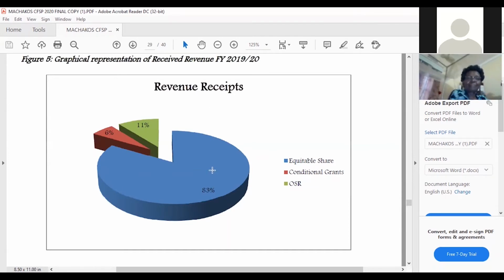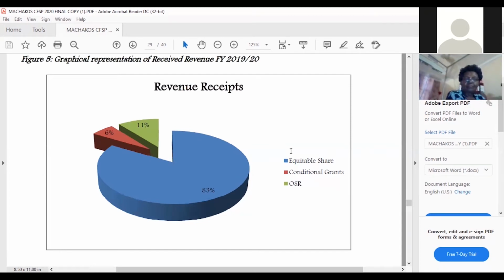So you find that for county governments, it is ideal for a county to generate its own income. So the OSR is the one that is supposed to get the larger share. But unfortunately, counties have not been able to do that. So the counties depend so much on this equitable share so that they can run their projects and activities.